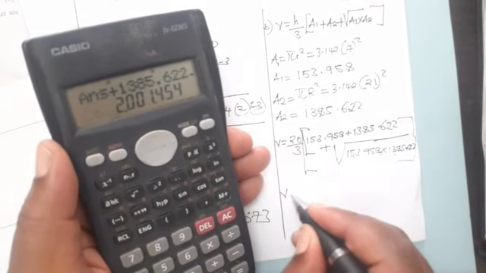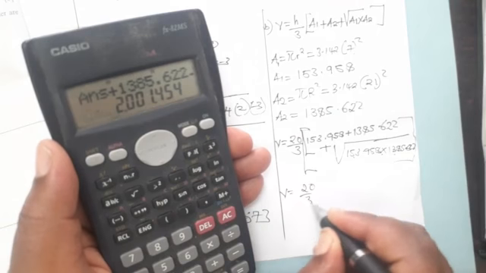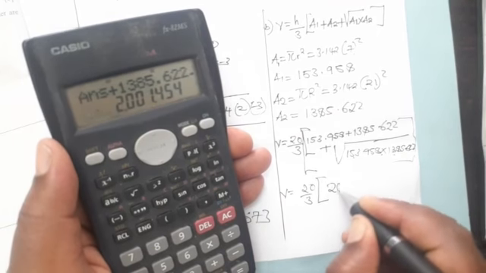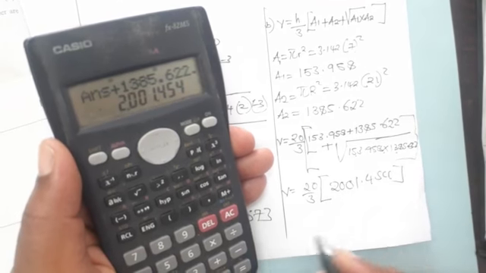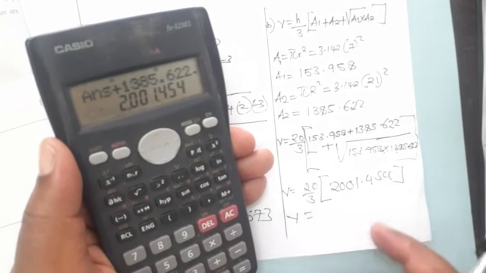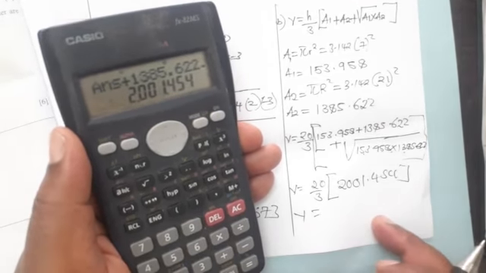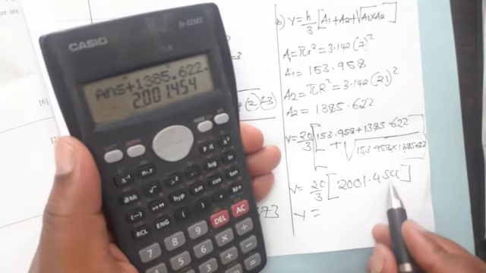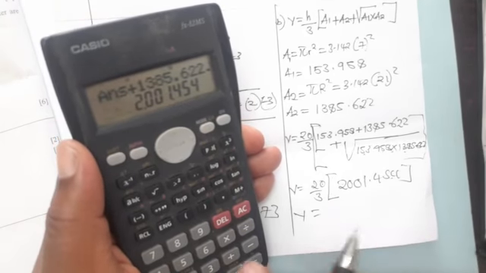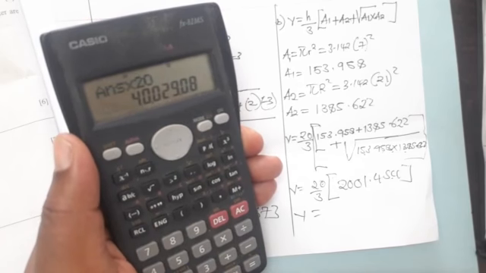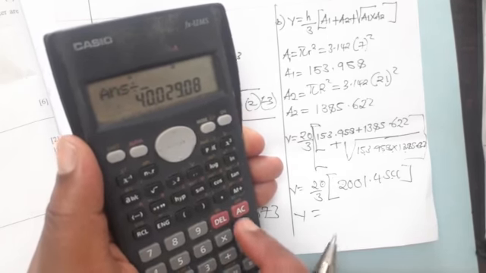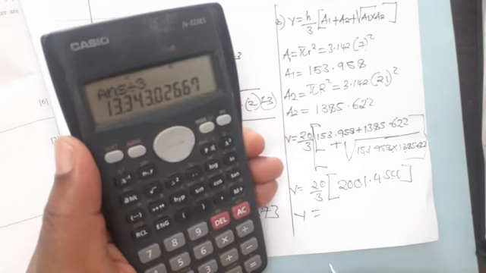So it's like you have volume is 20 over 3, and here you have got 2001.454. If you wanted to go direct without writing it, it's okay. Then this number times 20, divided by 3. What do we get? This is our answer.